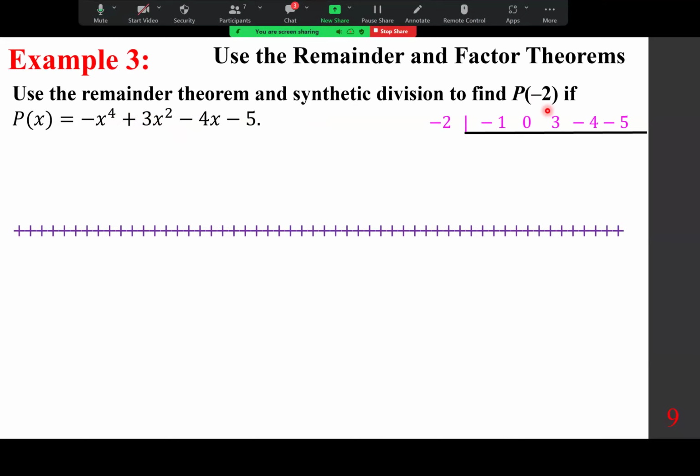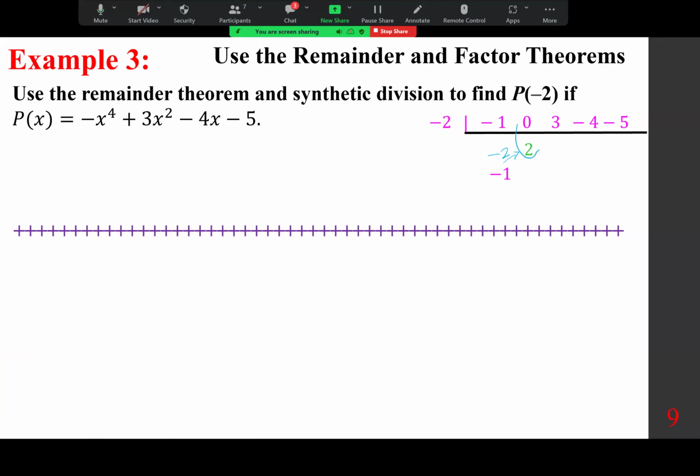Now, the very first thing we do, we just drop the very first coefficient, which is -1; you don't do anything. Then you start multiplying by the number that is given here, -2. We multiply this by -2 and get +2.